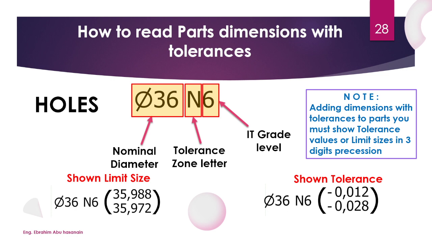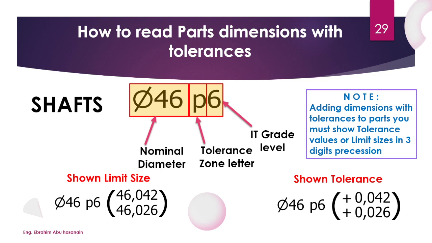What about shafts? As we said, holes have capital letters, but shafts have small letters. Here, 46 p6, for example. Here is the tolerance zone letter, a small letter, and 6 is the grade level, with the nominal dimension as in holes.